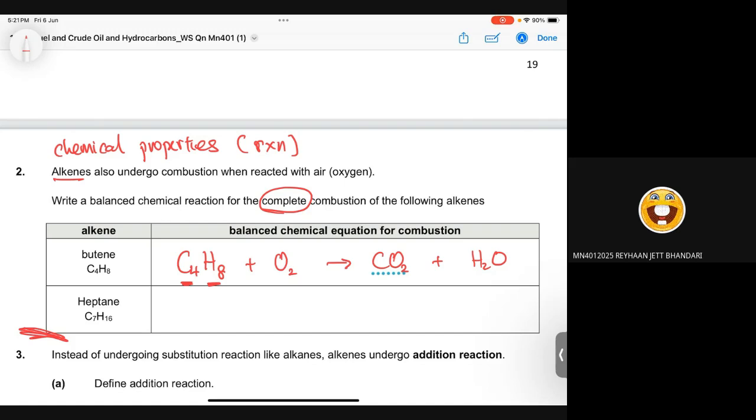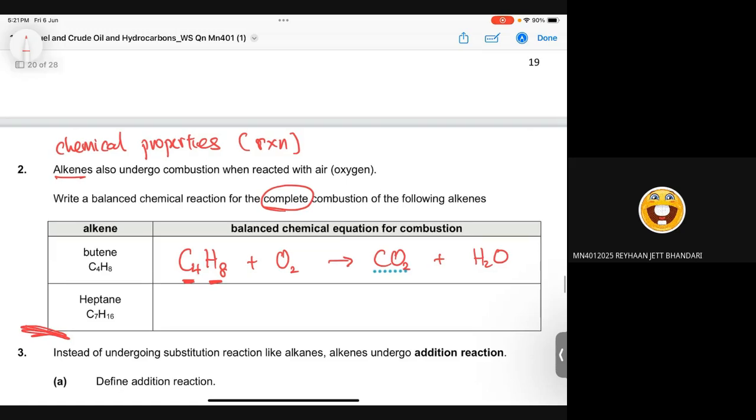Okay? Ryan, you help me. How to balance combustion? What should be the order of the element which I should balance?